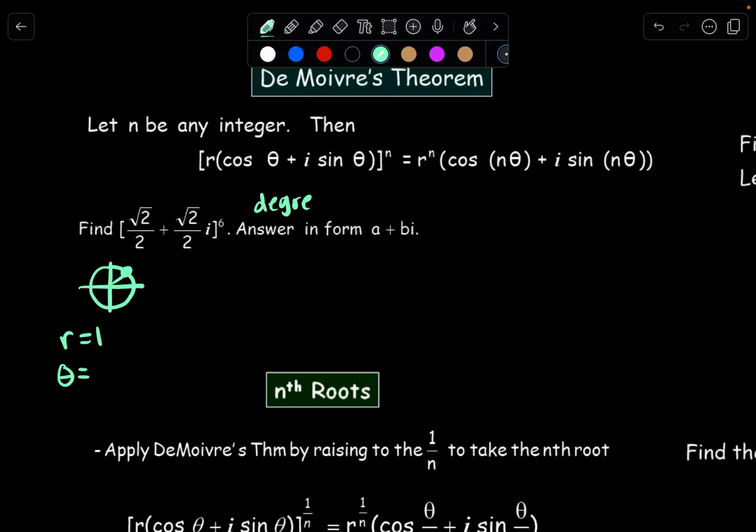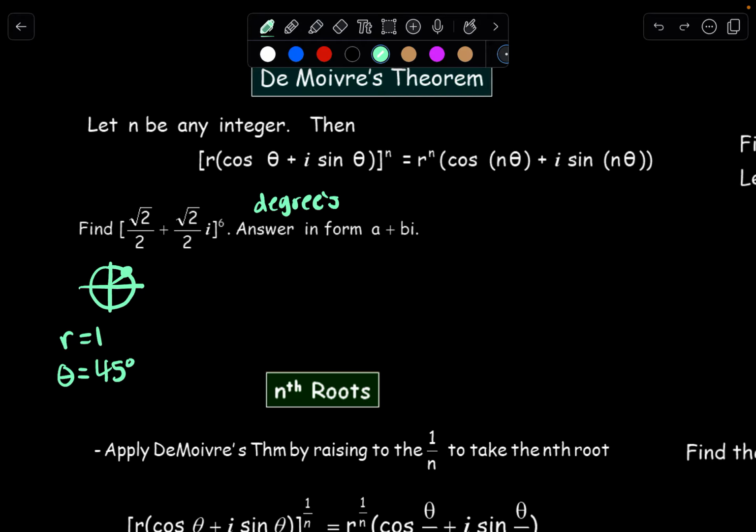We will always specify whether we want degrees or radians, but your theta will be 45 degrees. With the unit circle, the unit means 1, radius of 1. But if you're on an assessment and you're forgetting things, always remember that for r, you can use the Pythagorean theorem and you'll end up with 1 again, okay?